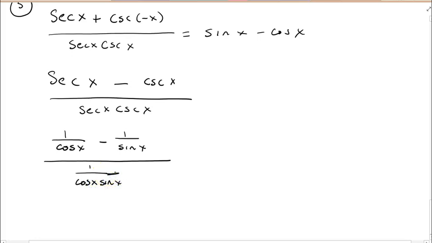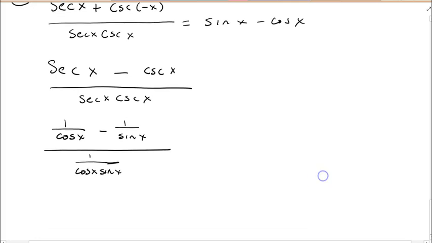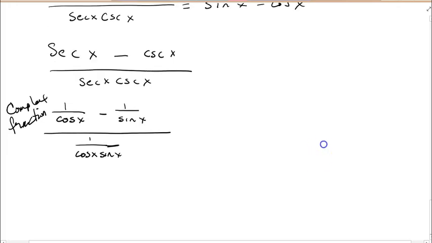You get this kind of messy complex fraction. And again, I'll challenge you to try it another way when we're done. But I did want to review the complex fraction, because you might come across problems that have this in it, and you have to say to yourself, oh, how do I get rid of complex fractions?